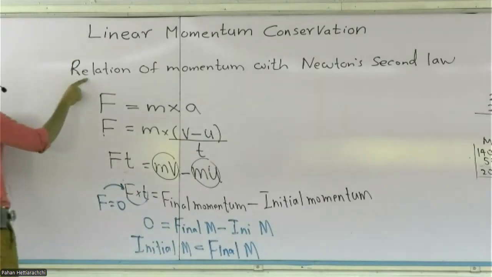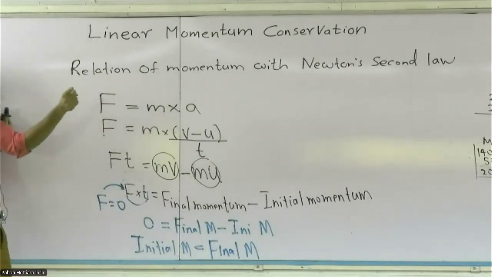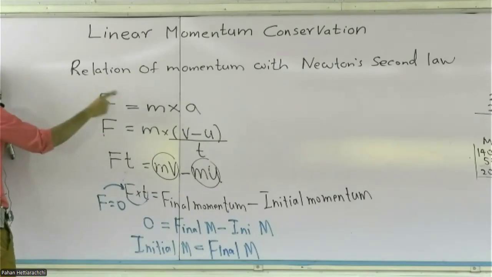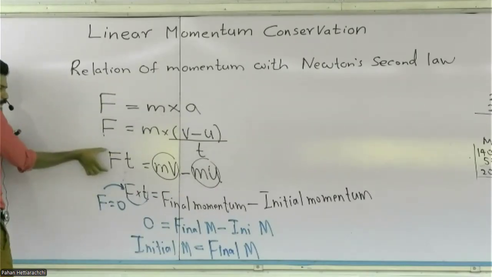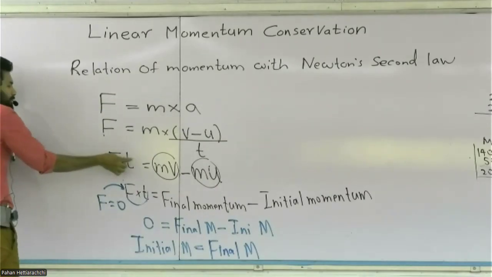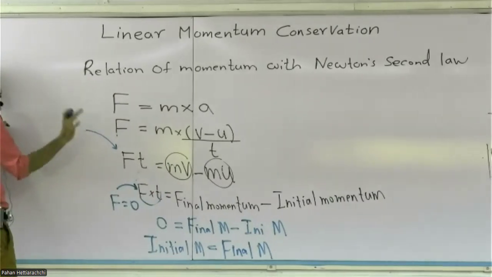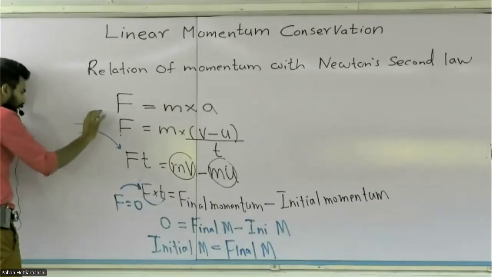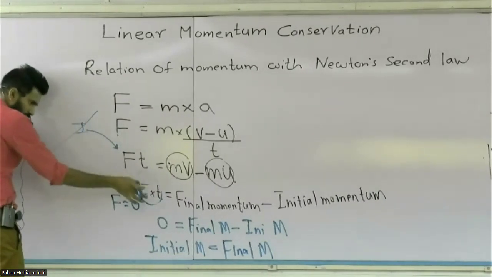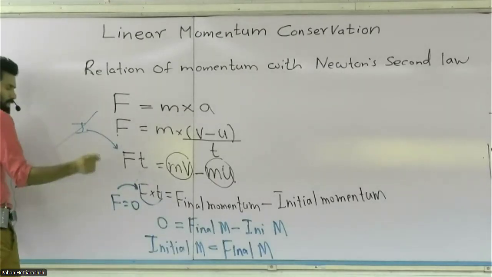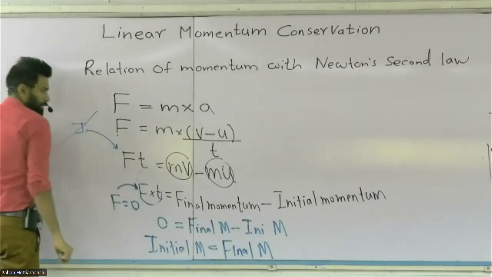Relation of momentum with Newton's second law. From Newton's second law, we achieved the equation Ft equals mv minus mu. For this equation, there is a separate base related to the physical quantity impulse, but now I'm not at that point. I'm giving you another point.